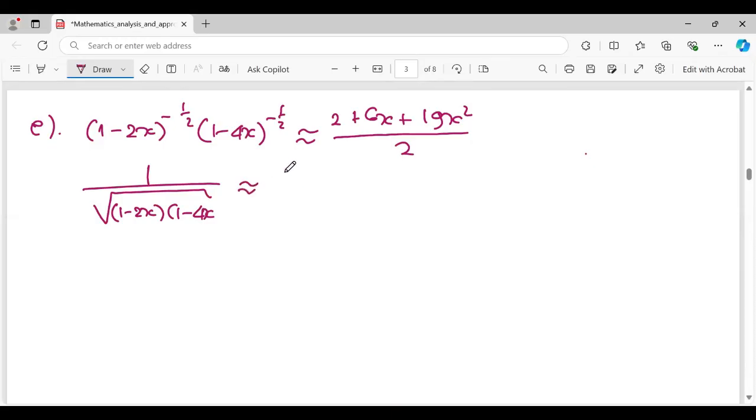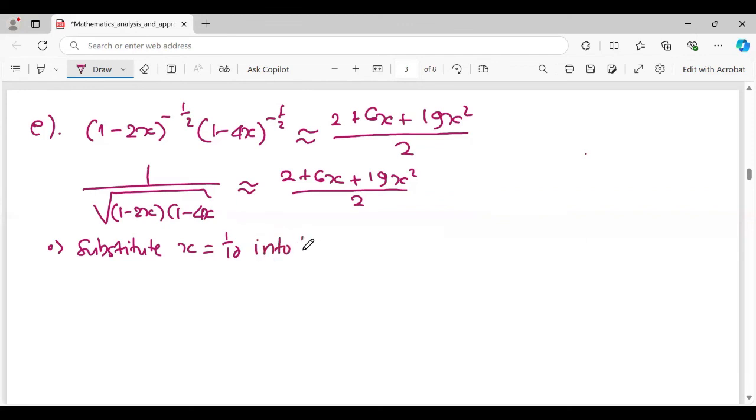And this is the same as 2 plus 6x plus 19x squared over 2. So this term I name as the left side, and this expression is the right side. Now I will substitute x equals 1 over 10 into the left side.